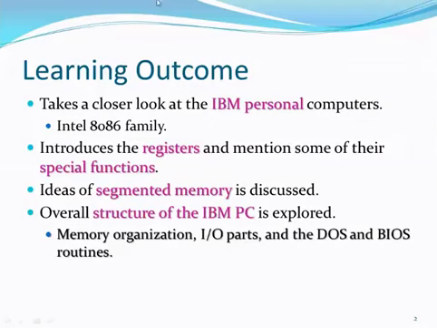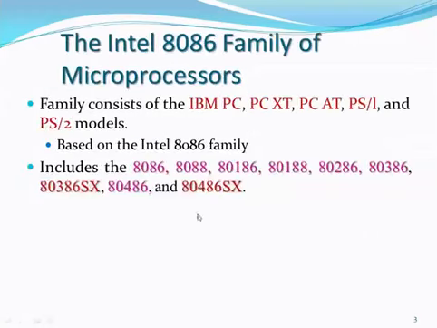Okay. So let's start with the first family. Now let's just have a quick look at that. That family consists of the IBM PC. Not only the PC, you see something else added with the PC. That is called XT. That means the earlier PC did not have a built-in hard disk drive. Now XT means you have the extended technology.